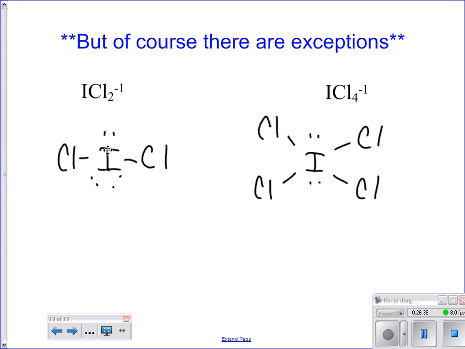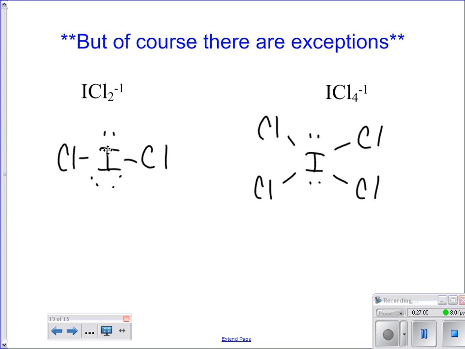So if you notice the shapes here, in our ICl2, and I'm holding up my little molecular kit here, my little Tinker Toys, we can see a situation where we've got a linear molecule with a trigonal bipyramidal parent structure or electronic structure, but it is linear.